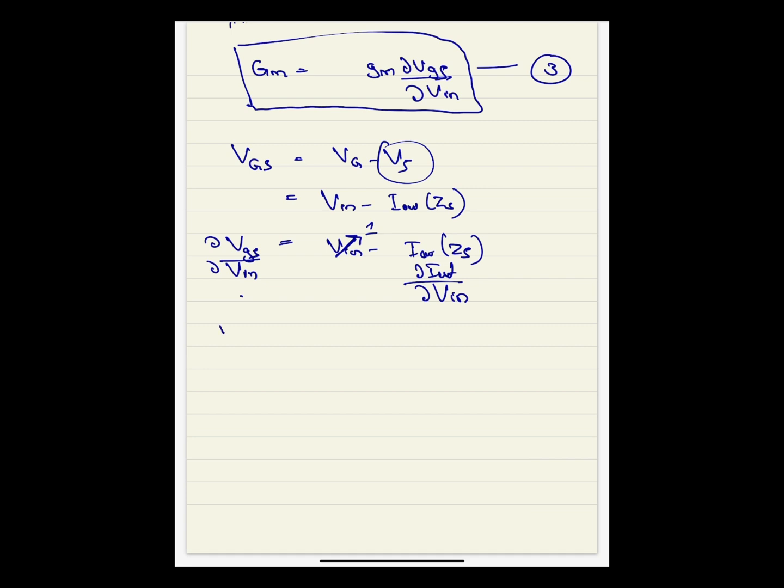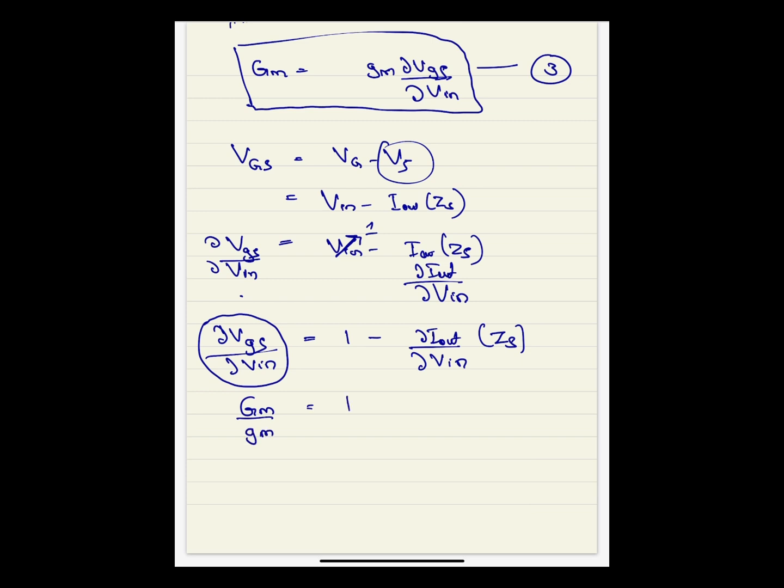So dou VGS divided by dou Vin is equal to 1 minus dou Iout divided by dou Vin into Zs. I can replace this with Gm divided by gm from equation 3, so it is equal to 1 minus, and this we know as Gm into Zs.